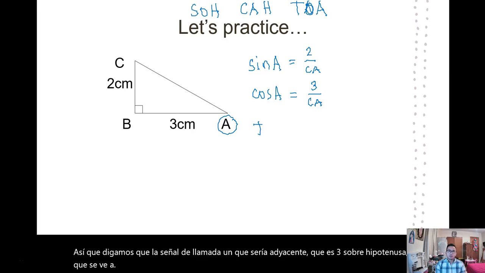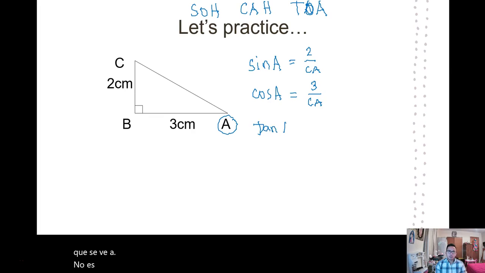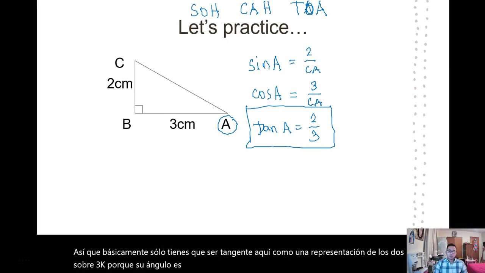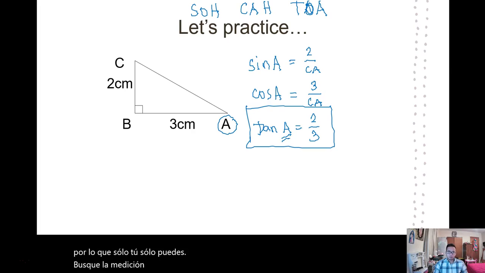Now, your tangent A is equal to opposite, which is 2, over adjacent, which is 3. So basically, you only have your tangent here as a representation of 2 over 3, because your hypotenuse is unknown, so you can only look for the measurement of angle A using tangent.